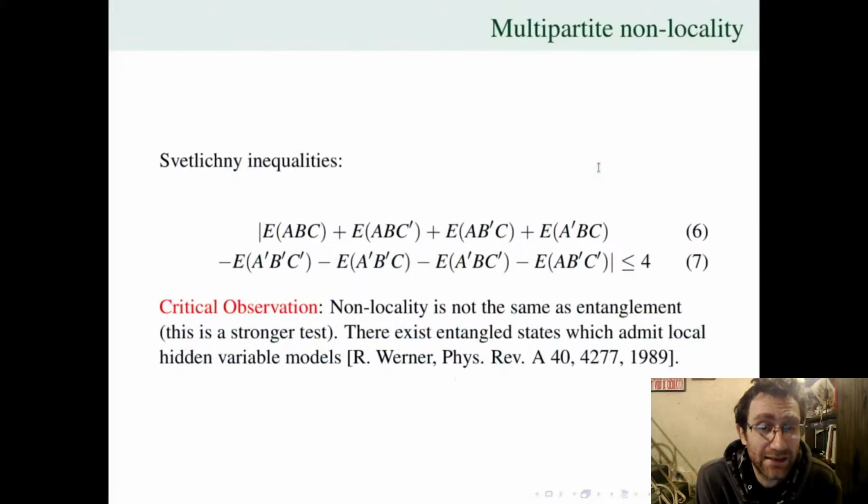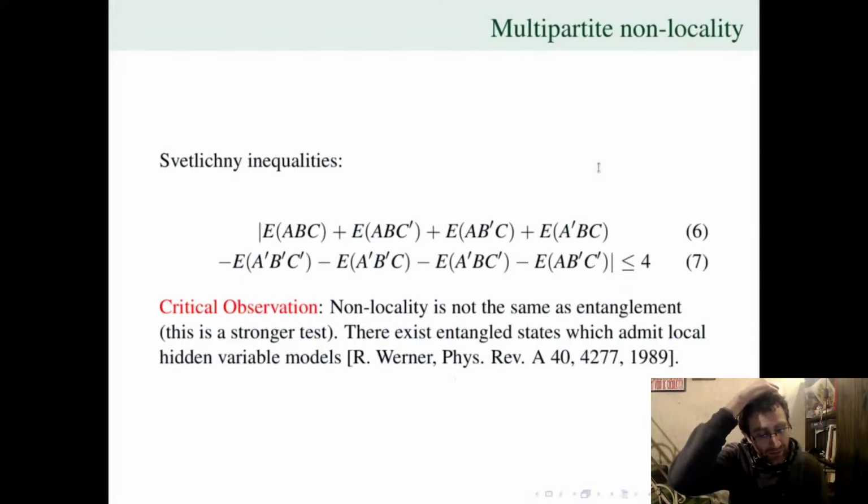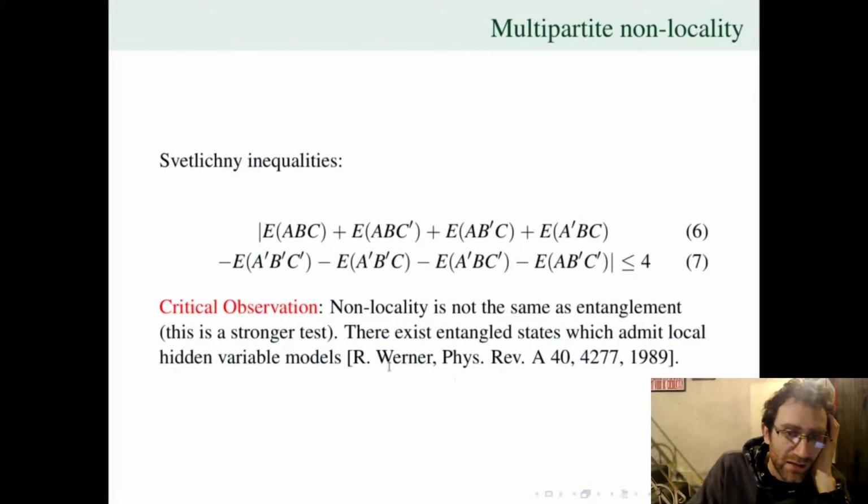And there exist entangled states which admit local hidden variable models. This was first discovered by Werner in this seminal paper, but the situation becomes much more complicated when you have multiple particles.